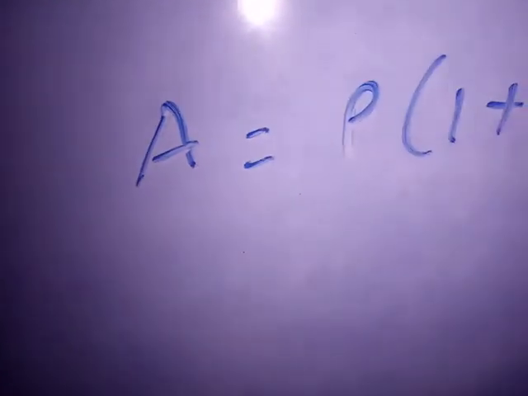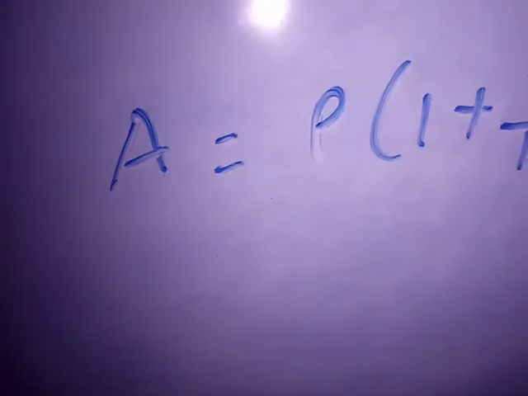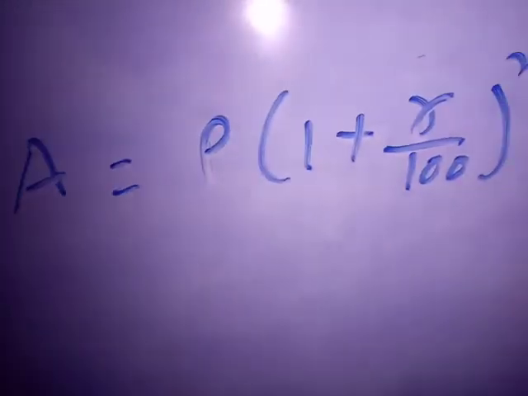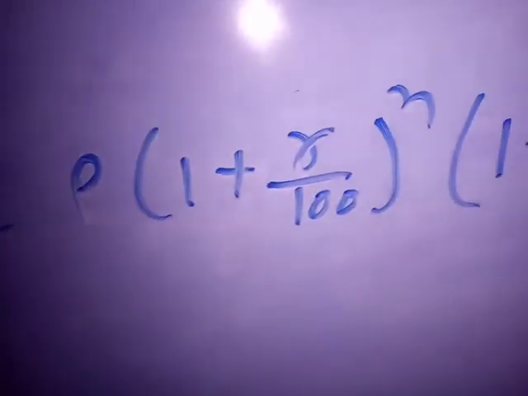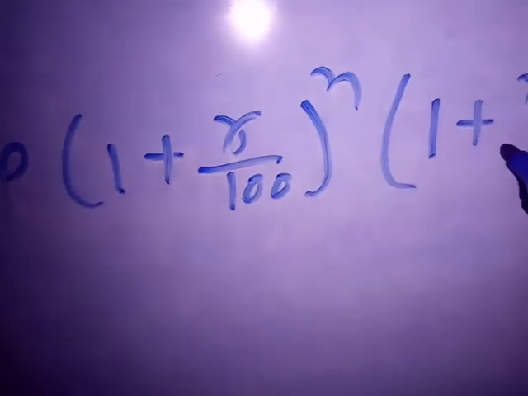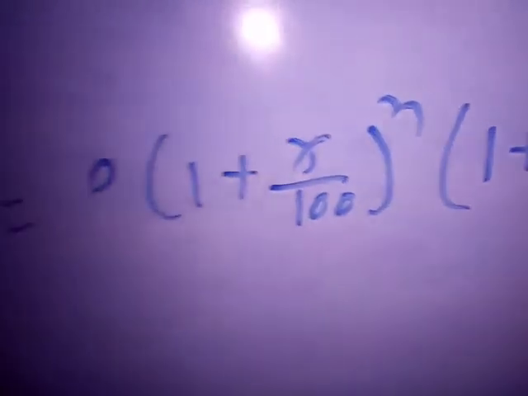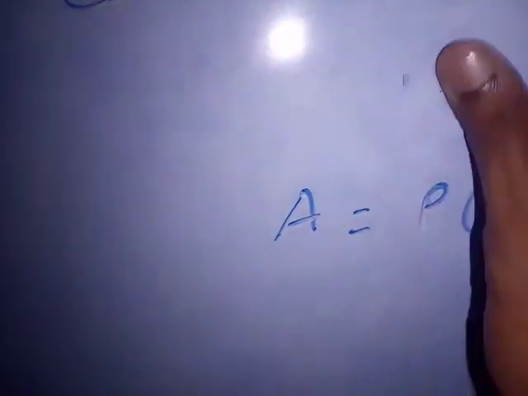Let's see how we can solve it. So we use the formula amount equals P into (1 plus R by 100) whole n into (1 plus R into A by B by 100). Here time is given as 2.5 years.